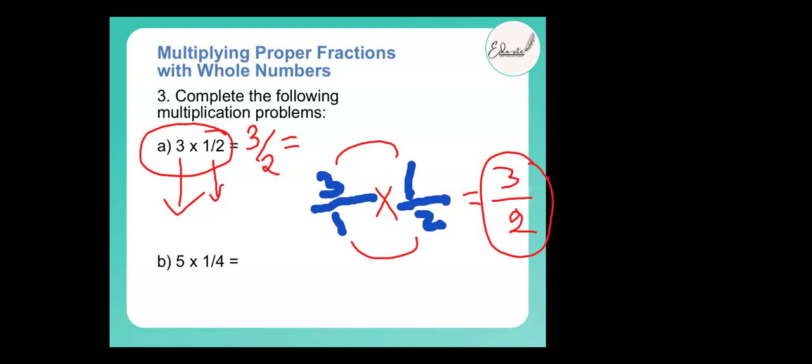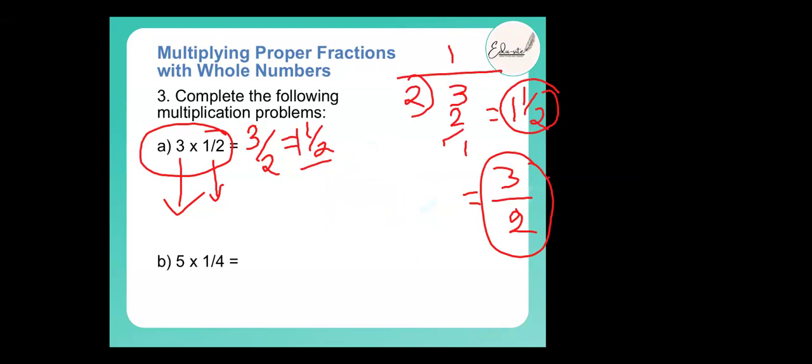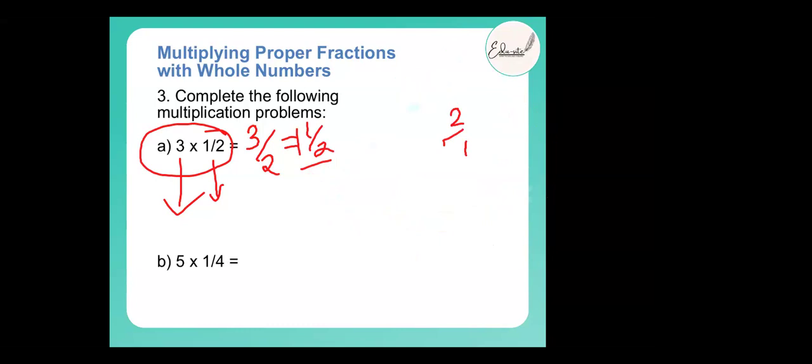How to convert this into the mixed fraction? Just write it in this way. 2 times 1 is 2, 1 is the remainder. So this is 1 and 1 by 2. So it is 1.5, okay? 1.5 is your answer. Fine, Anis? You just write this in your worksheet, right? So this is 3 by 2 or 1 and 1 by 2.